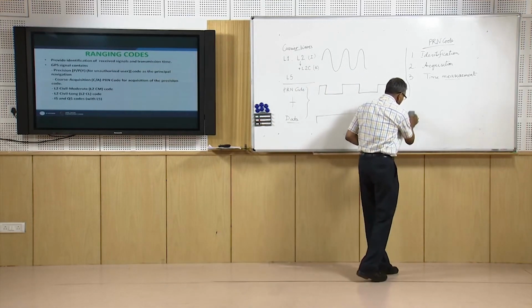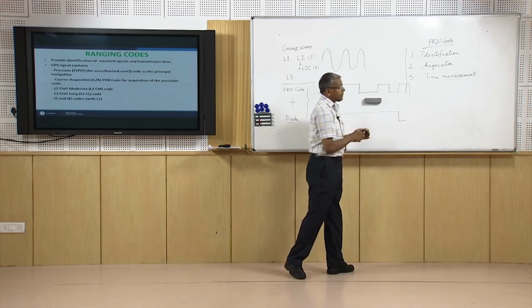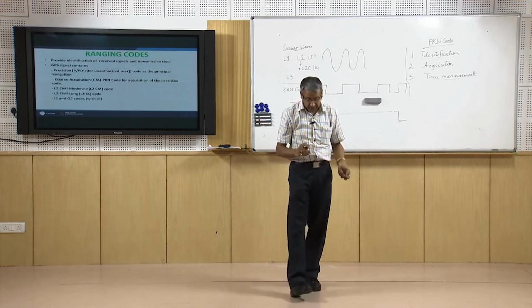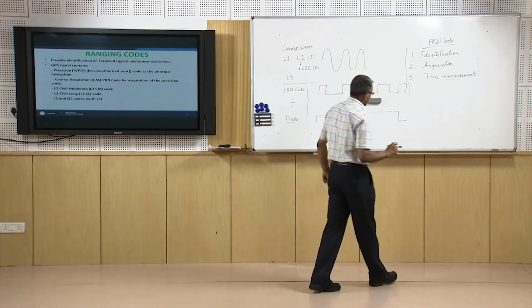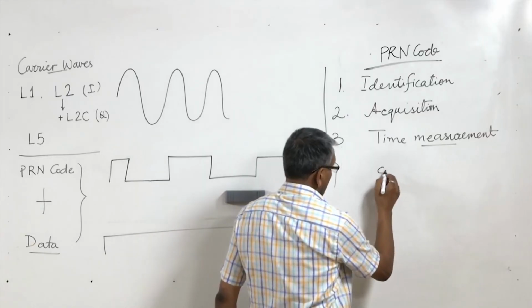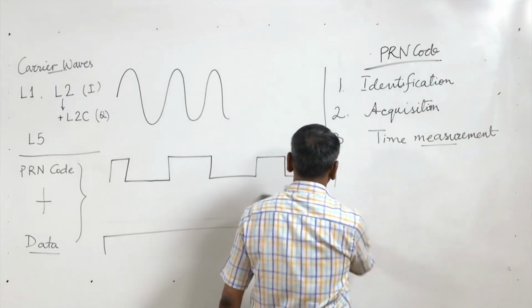In the GPS signal there are 6 types of PRN codes that are available, which are the most important.